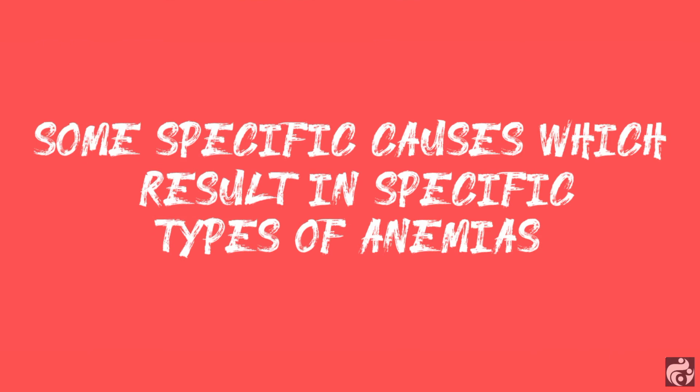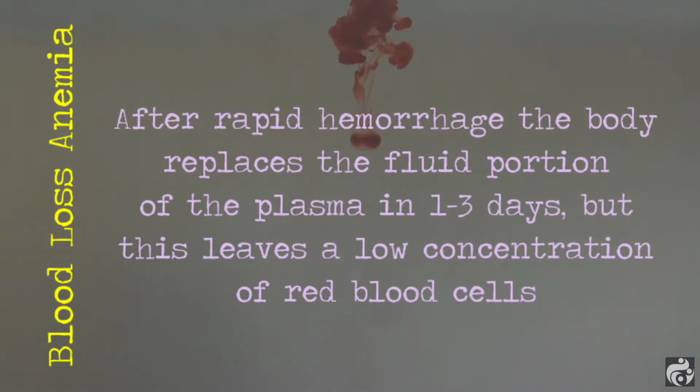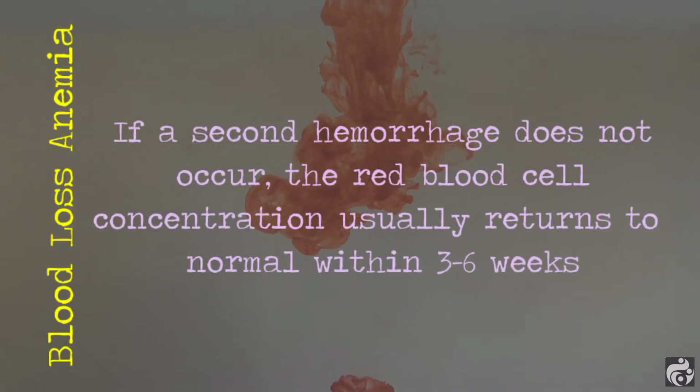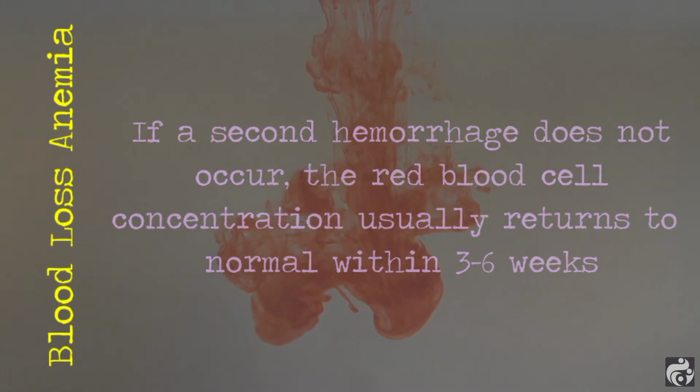Now let's talk about some specific causes which result in specific types of anemia, starting with blood loss anemia. After rapid hemorrhage, the body replaces the fluid portion of the plasma in 1 to 3 days, but this leaves a low concentration of red blood cells. If a second hemorrhage does not occur, the red blood cell concentration usually returns to normal within 3 to 6 weeks.